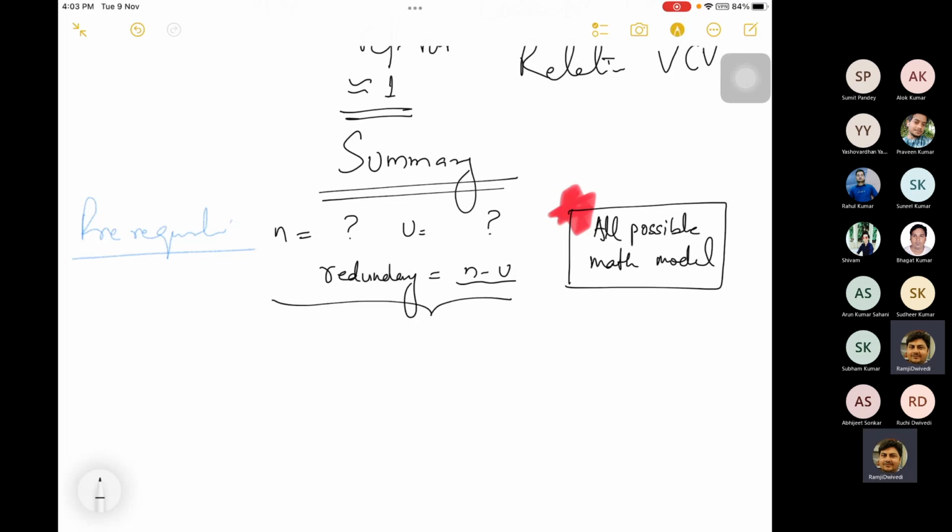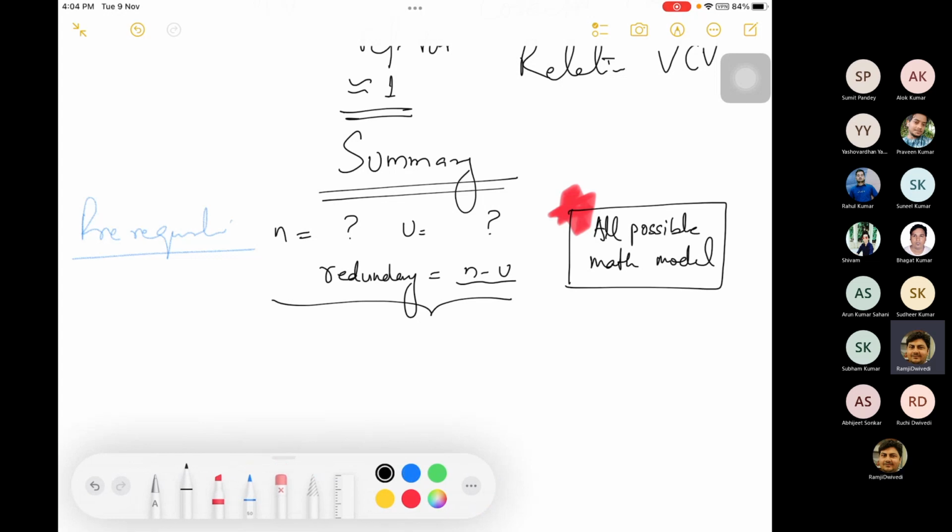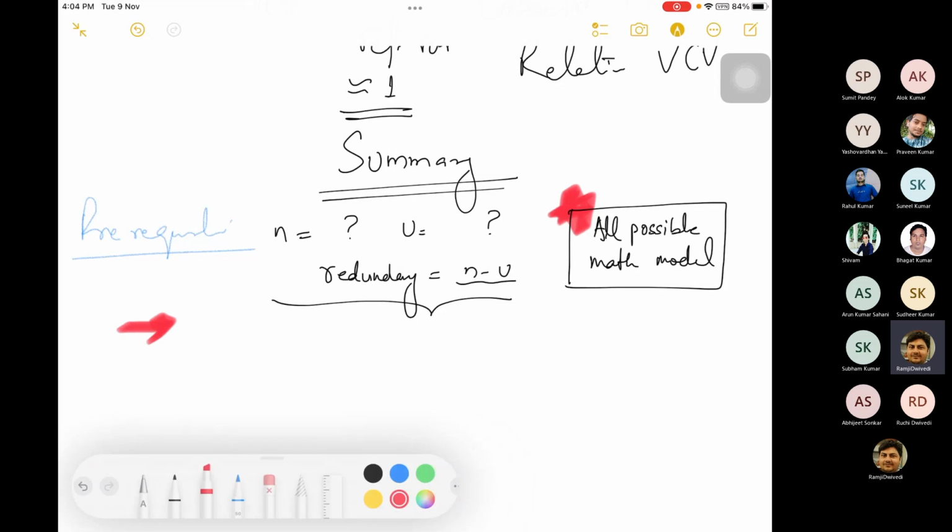Then the second step is you think of all possible mathematical models. Once you decide that these are the possible math models available, you write all of them in this form.